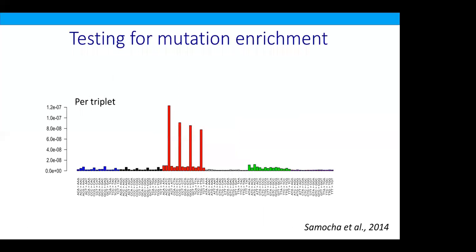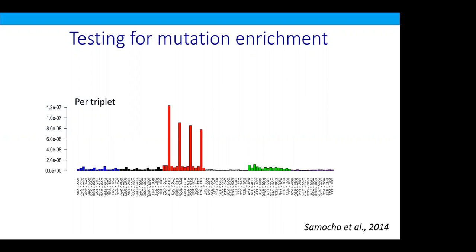The basis of all the analysis that I'm doing here is a mutation rate model. Ideally, the question we'd like to ask first is, if we look across this set of non-coding elements we've sequenced, do we see more de novo mutations in the affected children than we expect under a null model?